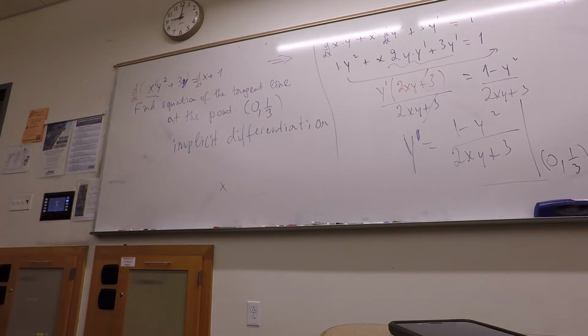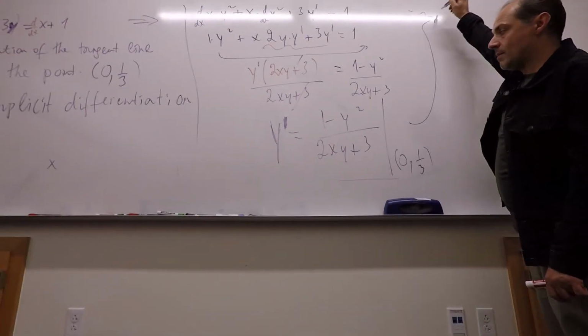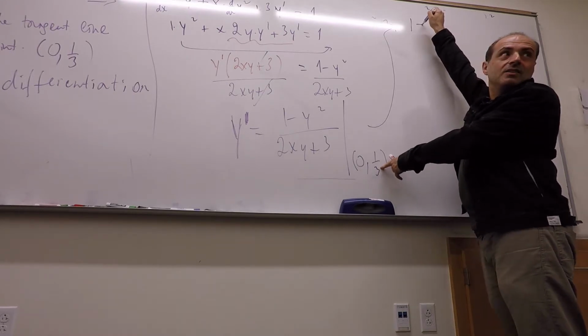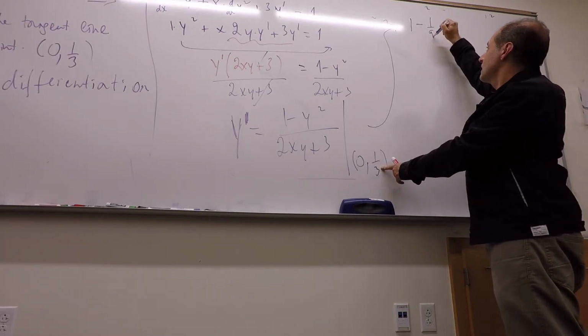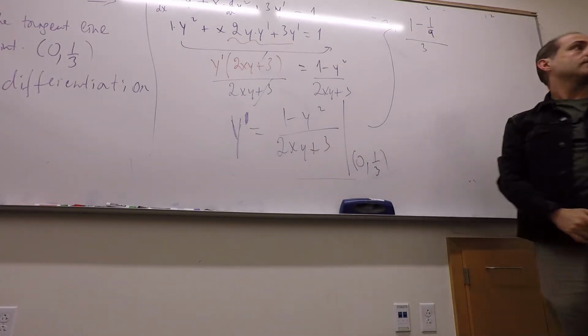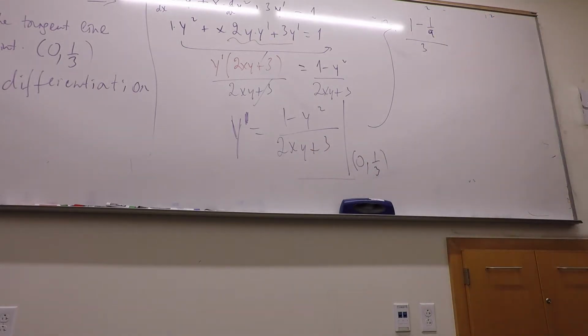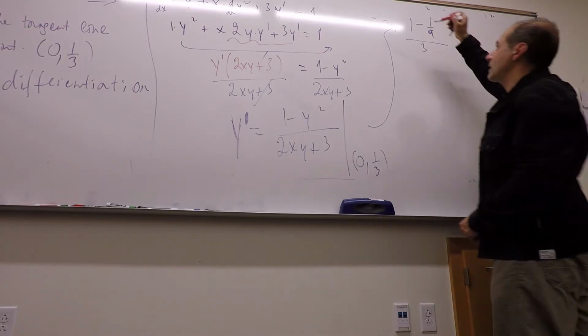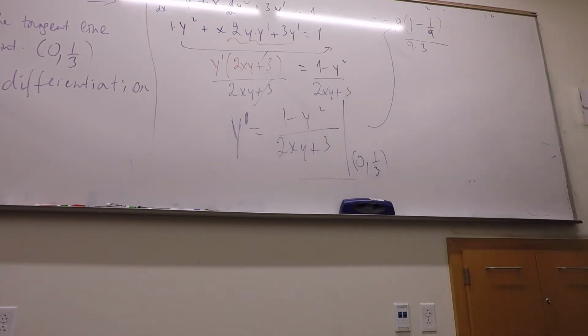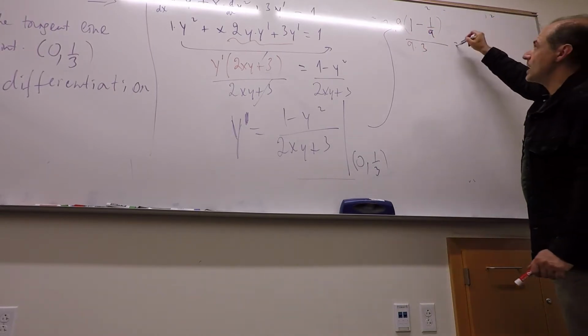Is that right? We have to probably do a little algebra, but let's do it. So then that gives you 1 minus 1/9 over 0 plus 3. You can write it as 8/9, so you can multiply by 9, right? So I don't like that, so I'm going to do that. How about times 9 times 9? Or you can do 8 9s. But that's going to be 9 minus 1, is that right?